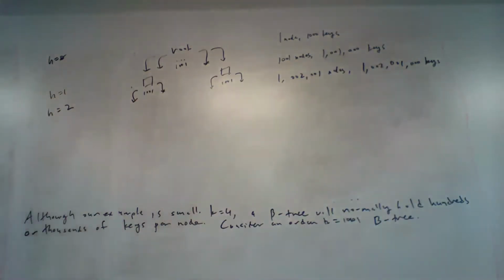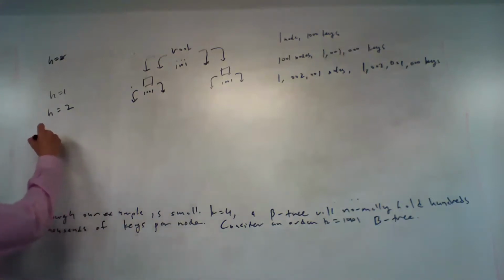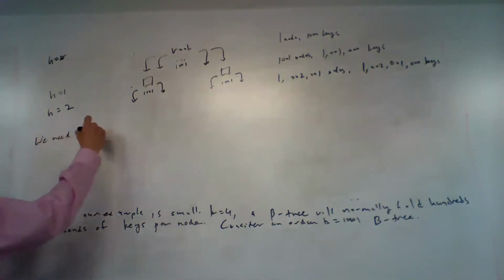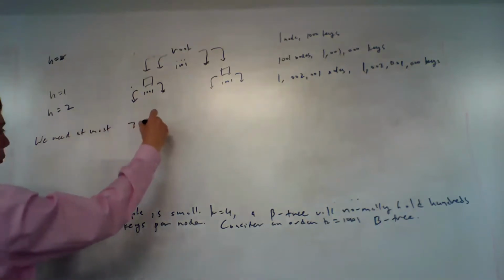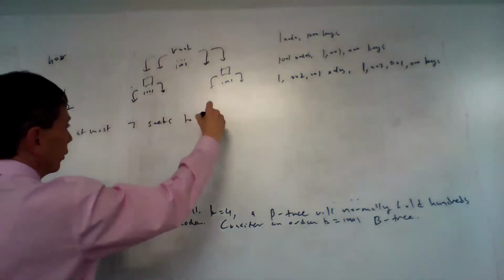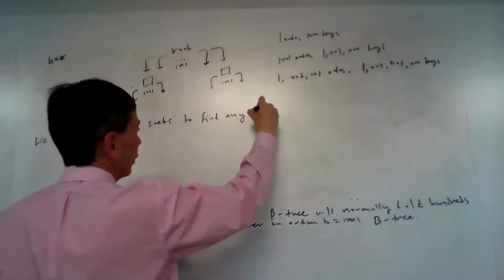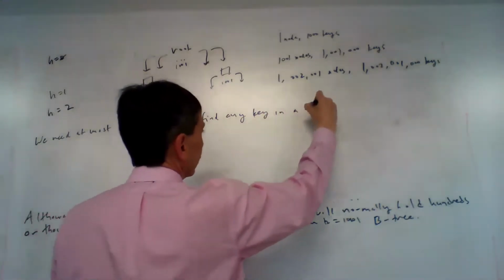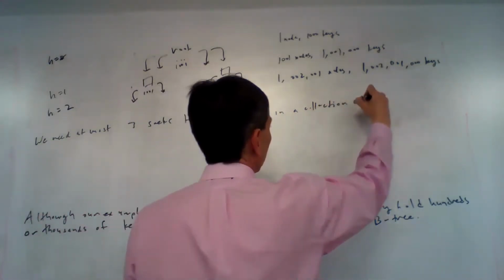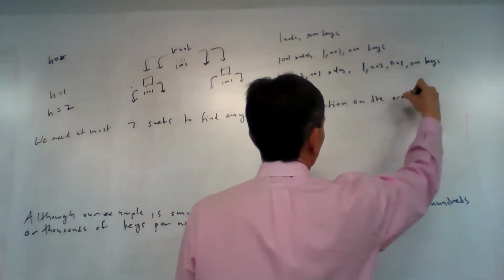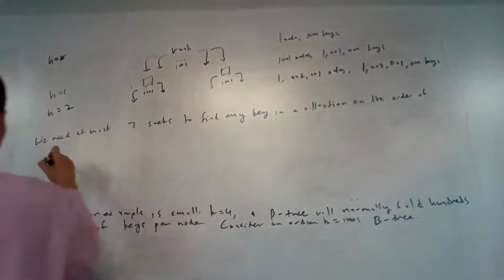Okay? So, a size of k equals 1,001 is not very big, to be honest. So what this says is that we need at most 3 seeks to find any key in a collection on the order of 1 billion keys.